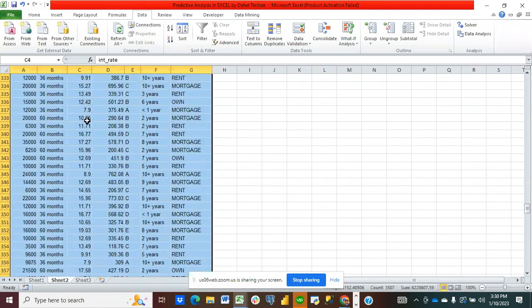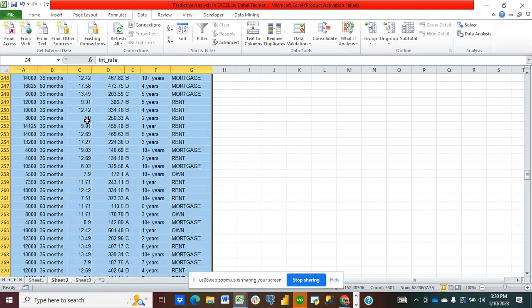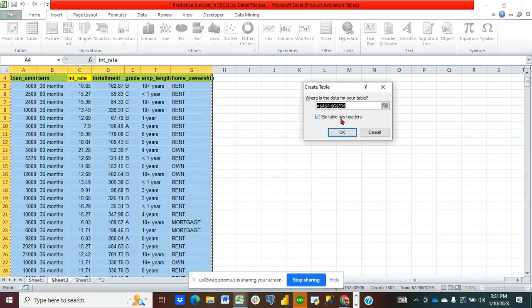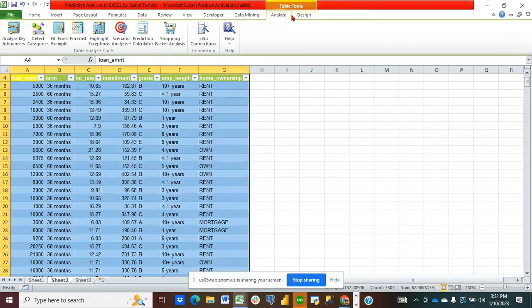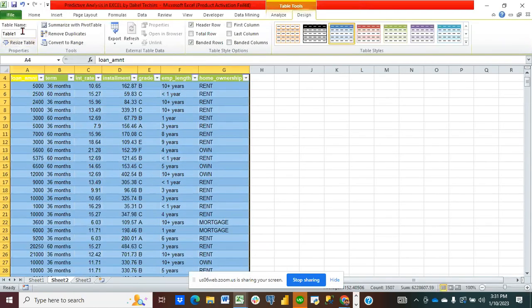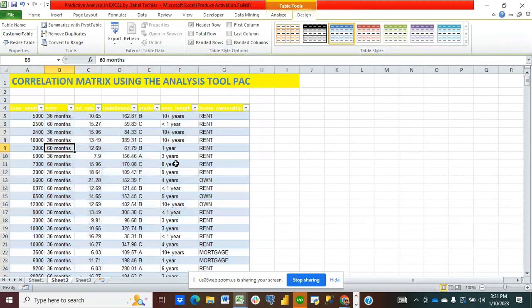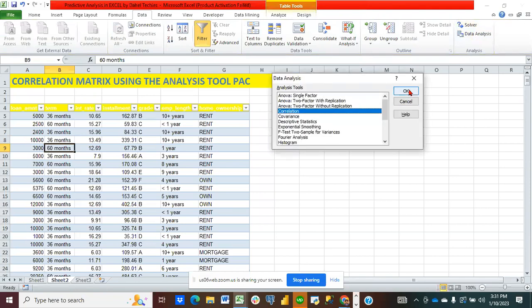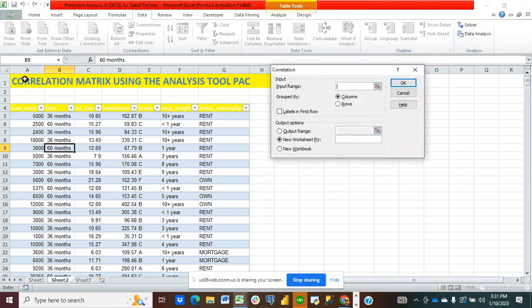So I'm going to insert a table, Control T. The table has headers, okay, and I want to call it comma table, and enter. So I'm going to go back to my data analysis, correlation, and so that is to make my work easier.